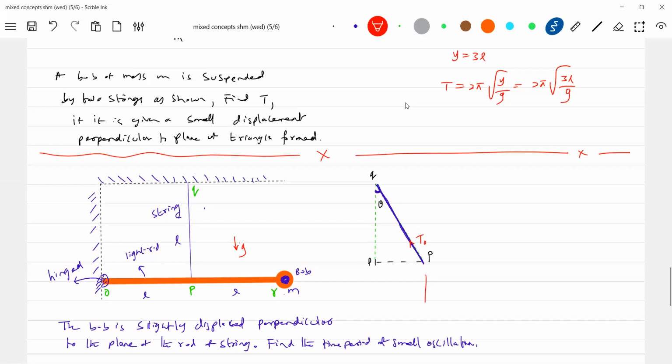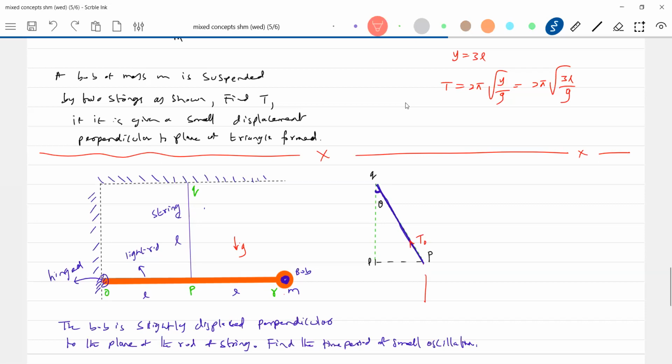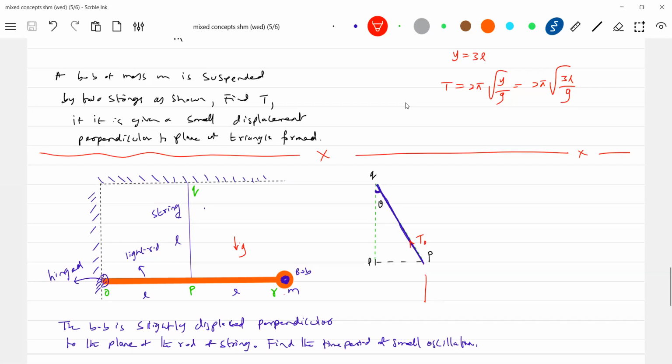So torque due to weight and component of tension. Okay, sir, how can we really find out all these things? In terms of length, what is the information we have? Length of the string is L, length of the rod is 2L, as given. And at the midpoint of the rod, the string is connected.